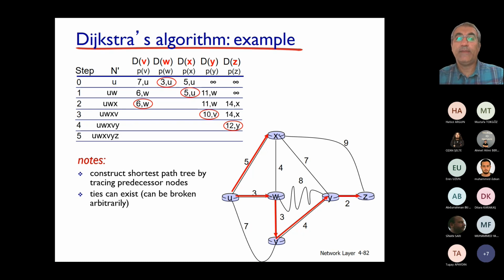If you have ties, which can exist, they can be broken arbitrarily by selecting one of them. This is how we construct the shortest path between the source and the destination node.